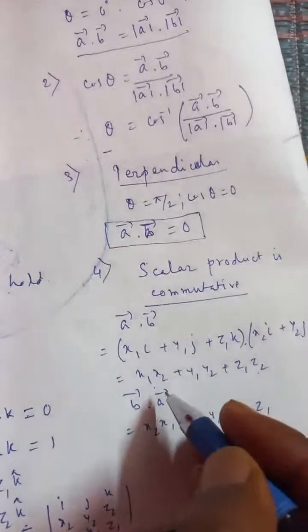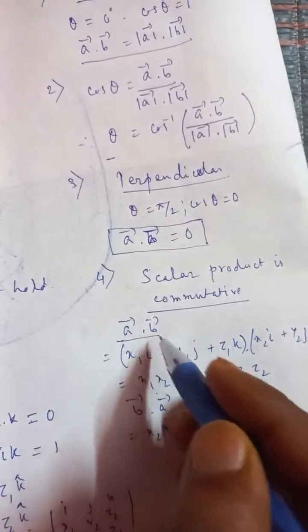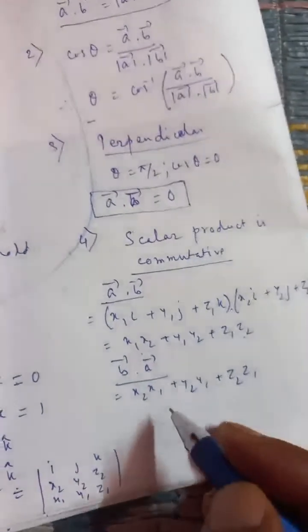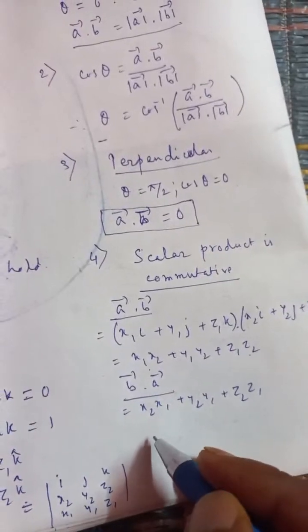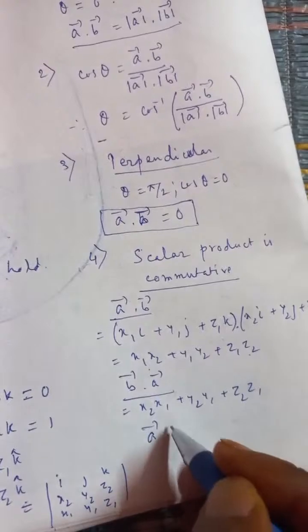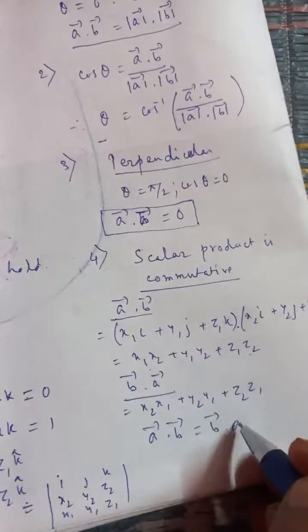So we can see that the two scalar products are equal. So the scalar product holds the commutative law: A vector dot B vector is equal to B vector dot A vector.